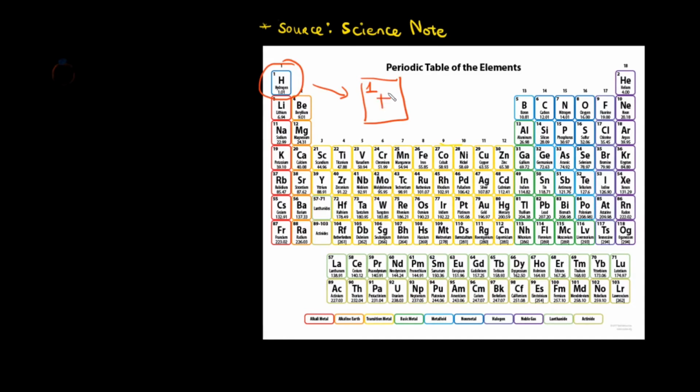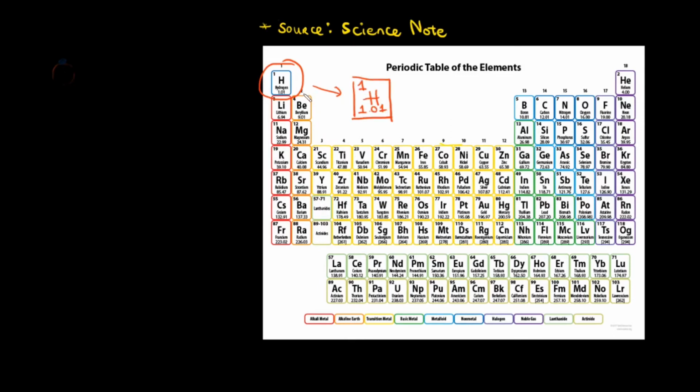The letter in the middle is the symbol of the element, so for hydrogen the symbol is H. Underneath is the name, and under the name is a number, 1.01. This number represents the molar mass, which we're going to talk about in the next section.